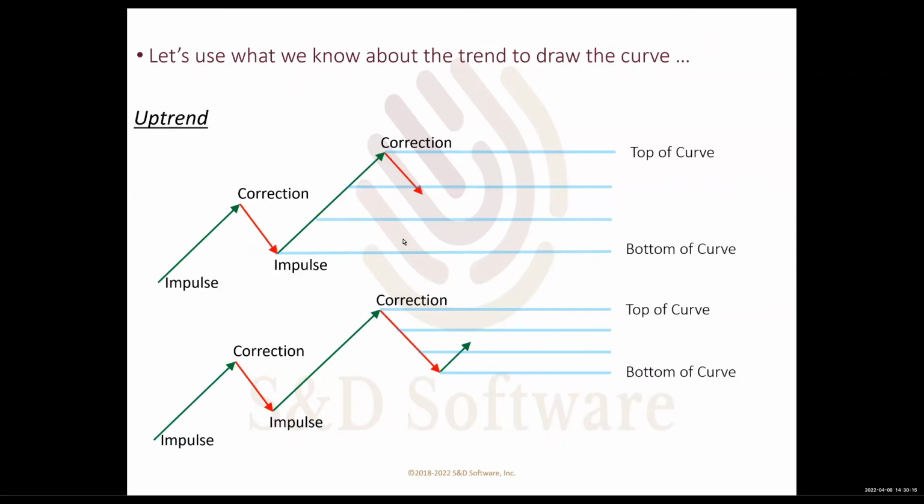So here's what we're going to do to draw the curve. For an uptrend, if we're in a correction, the point at which we transition from the impulse move to the correction is going to be our top of the curve.